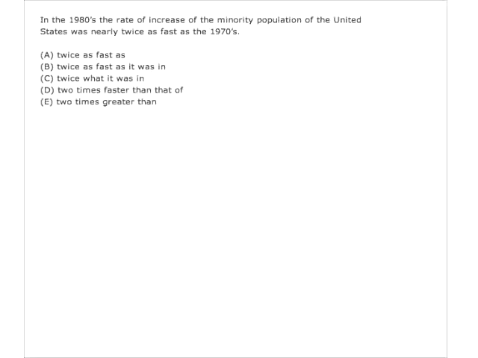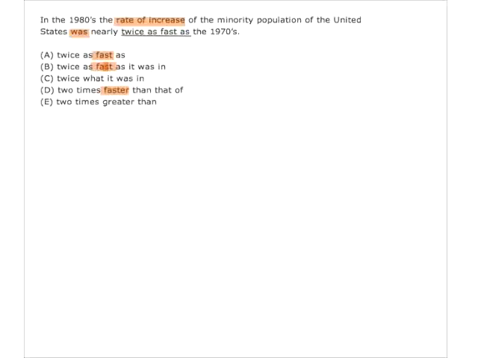In the 1980s, the rate of increase of the minority population of the United States, we need an underline here too. This starts as, the underline's right there. So the rate of increase was twice as fast. So that's a redundancy error.